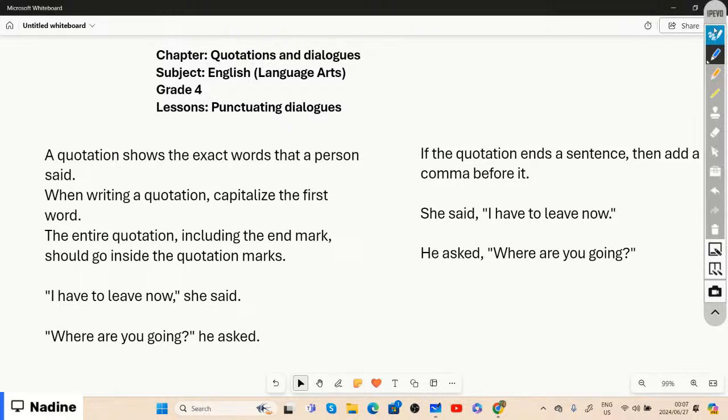A quotation shows the exact words that the person said. So if you were to show that there's a dialogue or conversation between two or more people, and you want to say the direct words of what the person said, you're going to put those words in quotation marks.